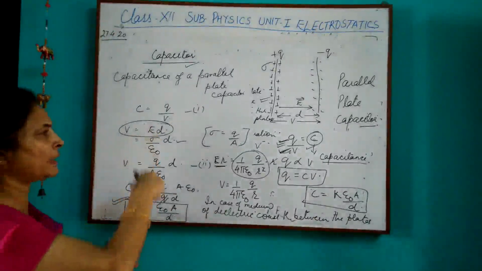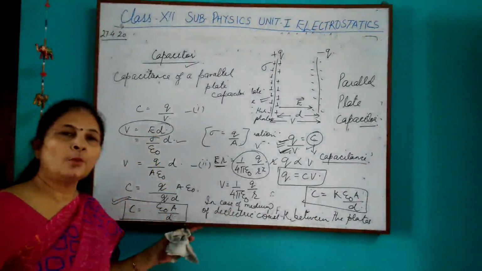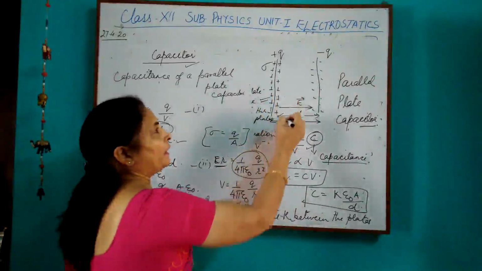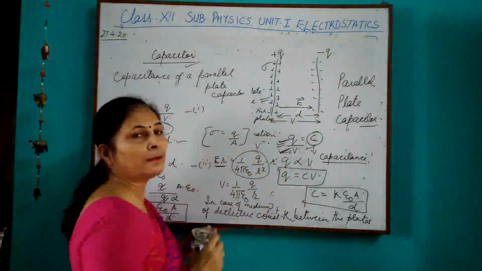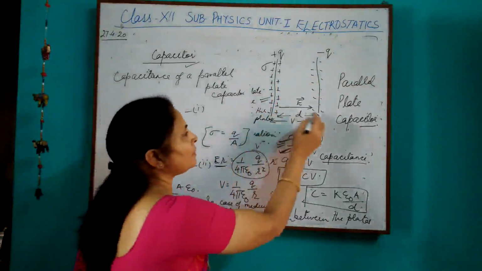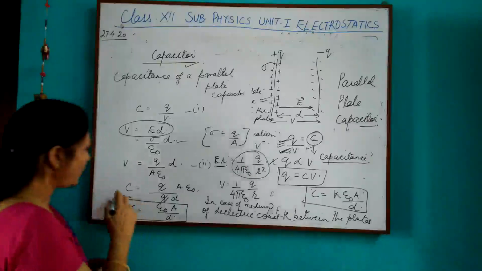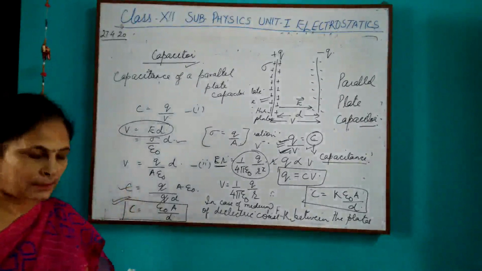Try to derive this expression, and tomorrow we'll be doing, if I keep a dielectric medium here, and that too not filling the space between the plates, then what will be the value of capacitance? Thank you.